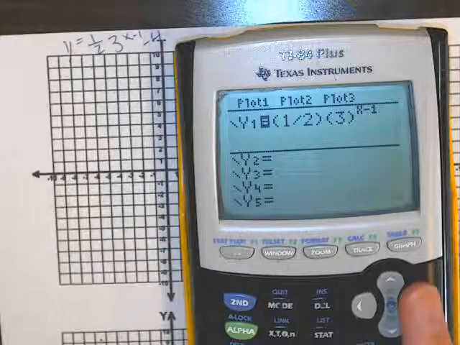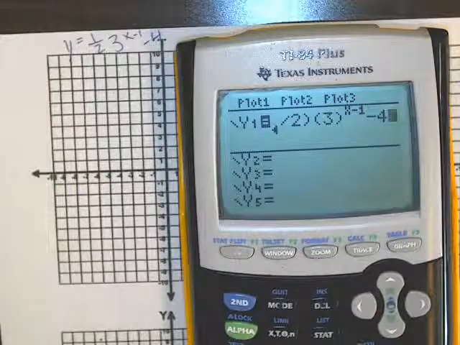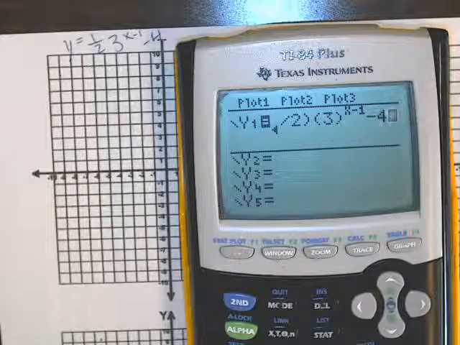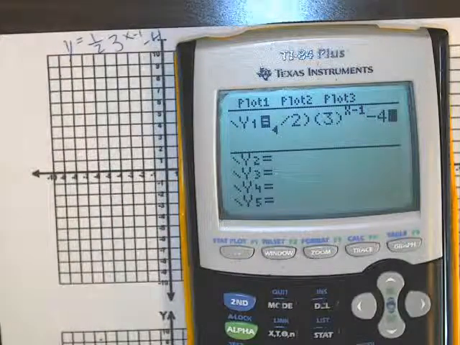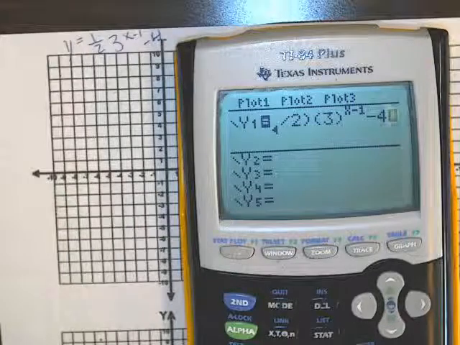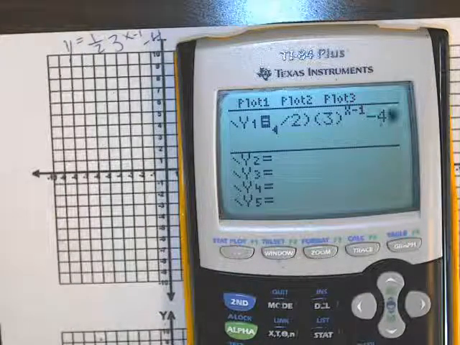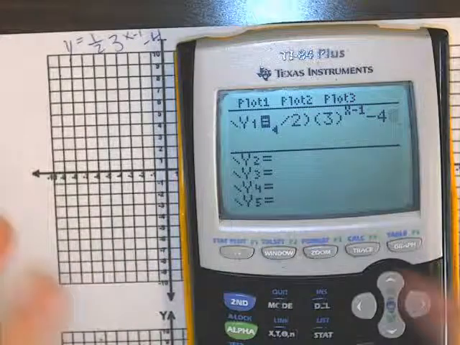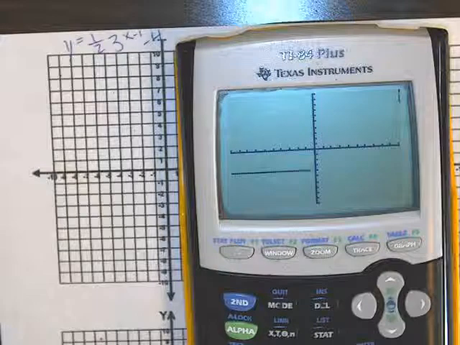Make sure you hit the right arrow to get down from your exponent, -4. Have it plugged in? Okay, so hit graph to get a sneak preview. This is what it should look like.